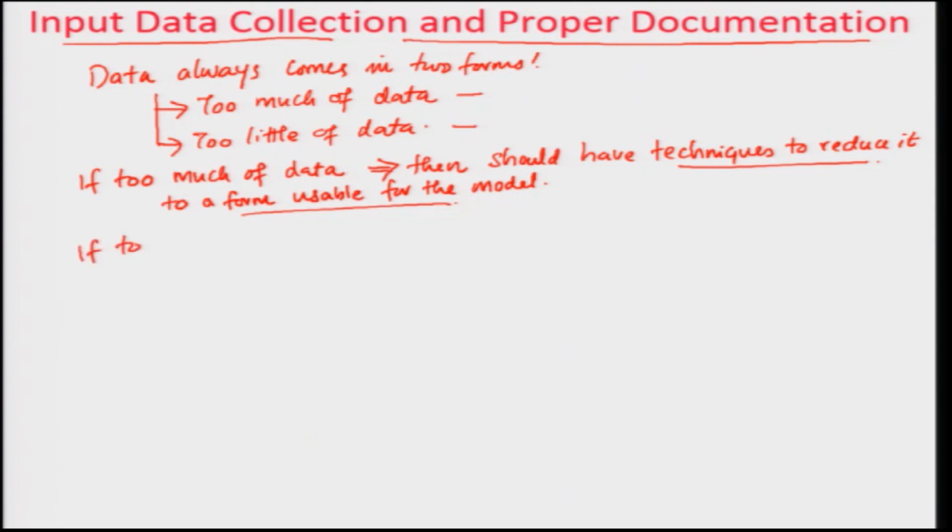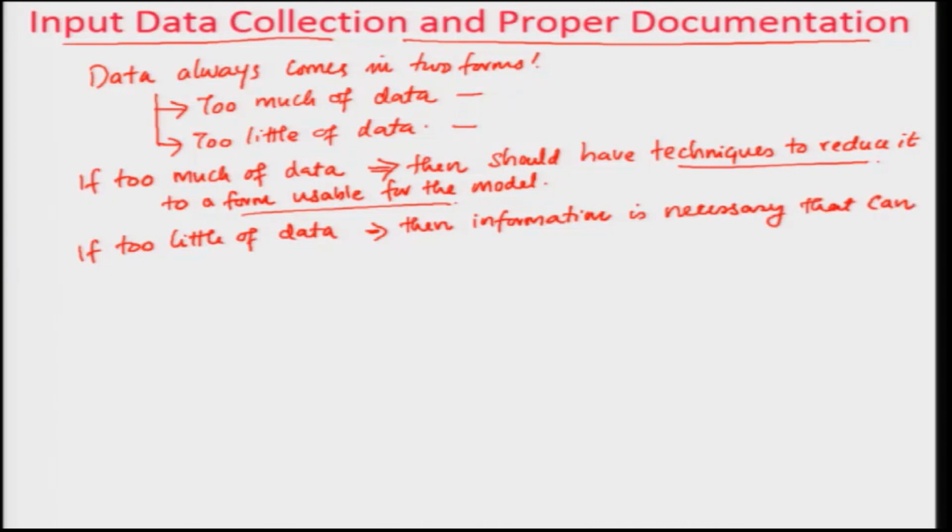If too little data, then what do we need? Then information is necessary that can be represented by statistical distributions.